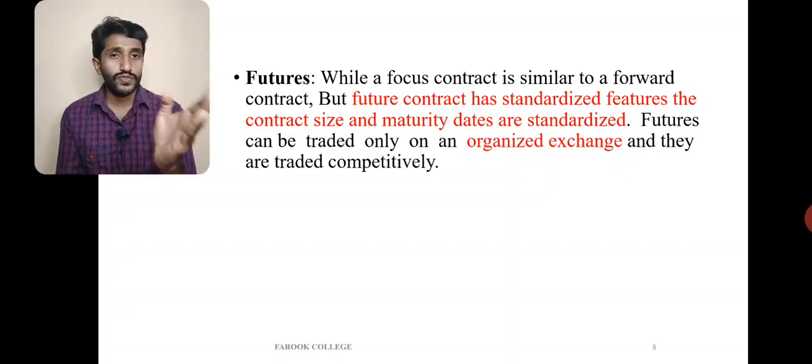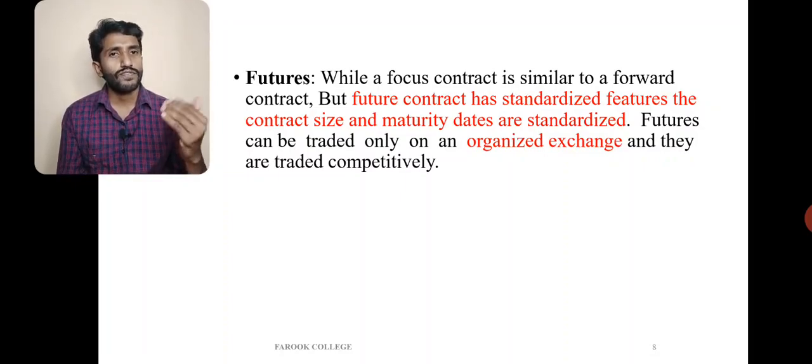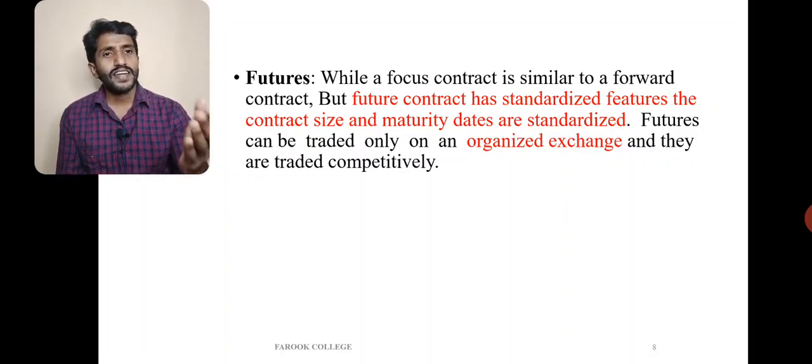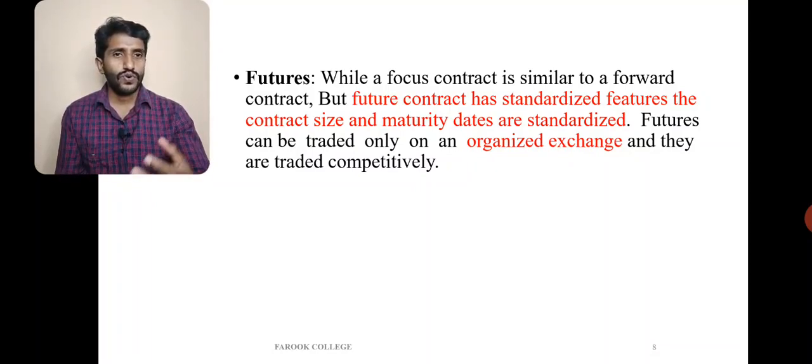Futures are not informal. The transaction will happen only through formal markets, and they are traded competitively. So there will be multiple players here, and the rate will be fixed according to demand and supply.